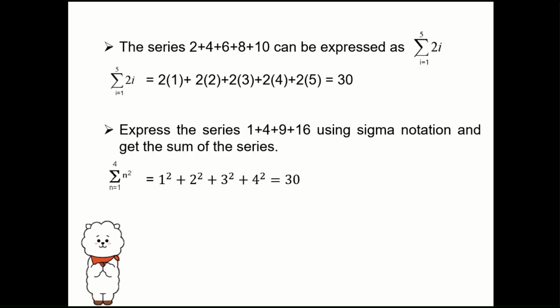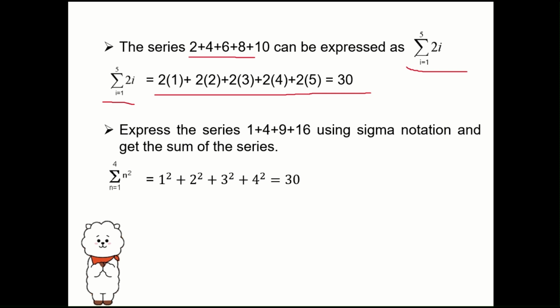Let us have here the next part on how do we convert from a given series to a sigma notation, then to a series, and then to find the sum. The series 2 plus 4 plus 6 plus 8 plus 10 can be expressed as the sum of 2i, as i starts from 1 to 5.